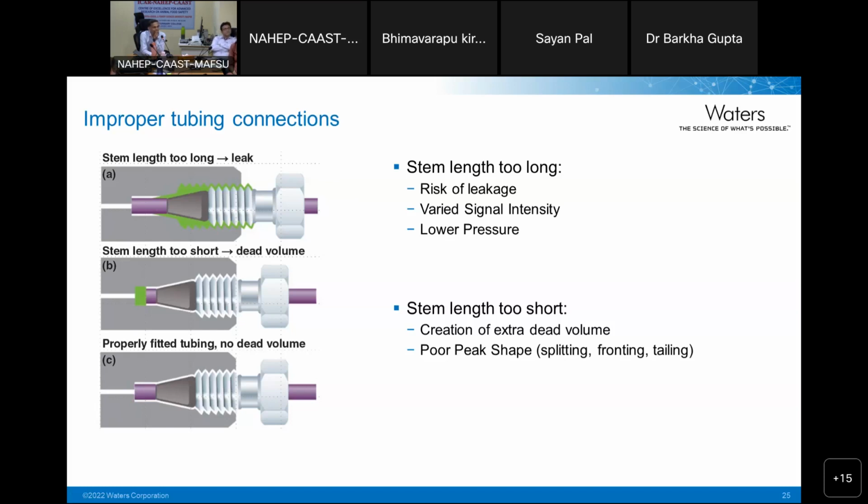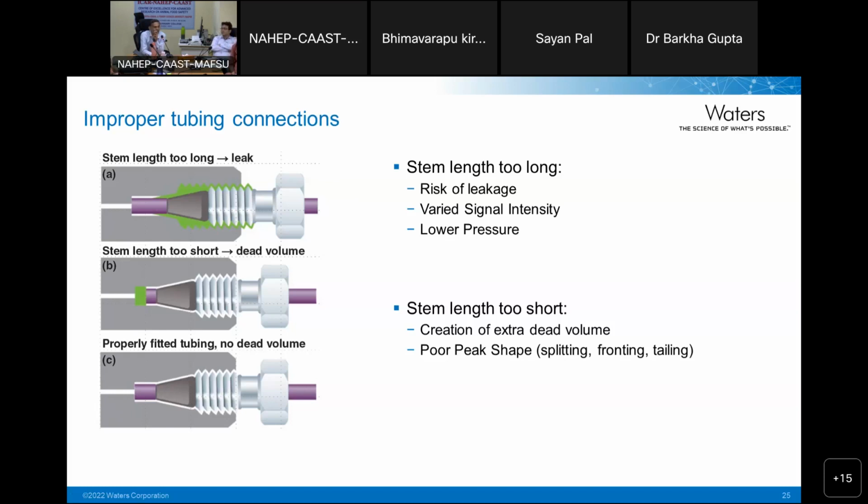But physically you cannot see these fittings. So to ensure that your fittings are proper, you push the tubing first inside the column, ensure it touches the column end properly, and then tighten the nut and ferrule.